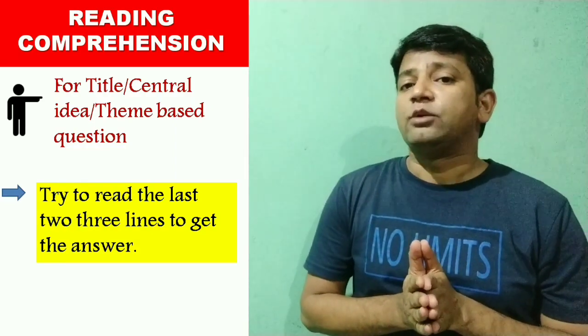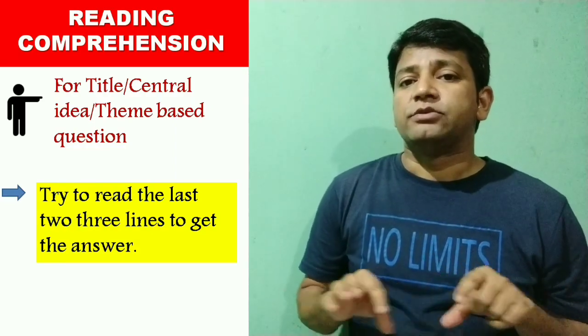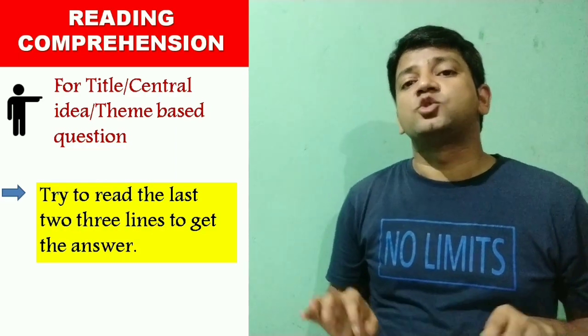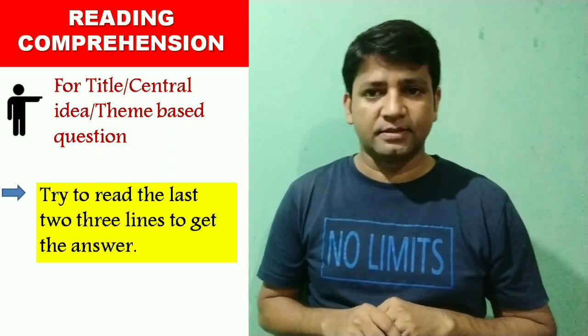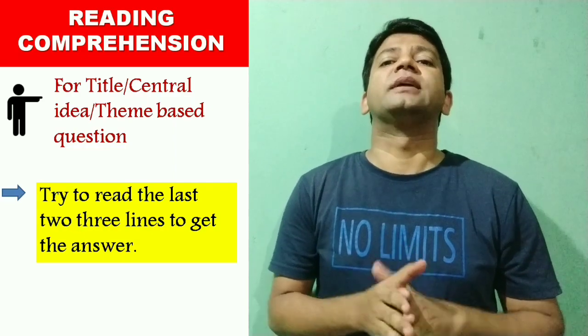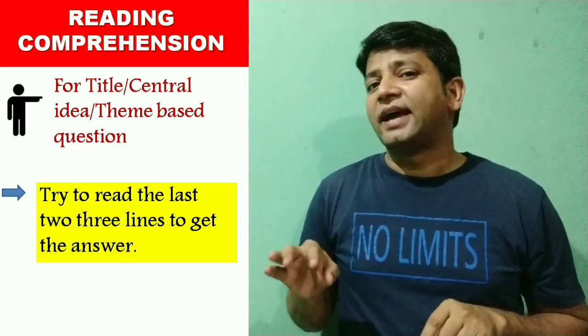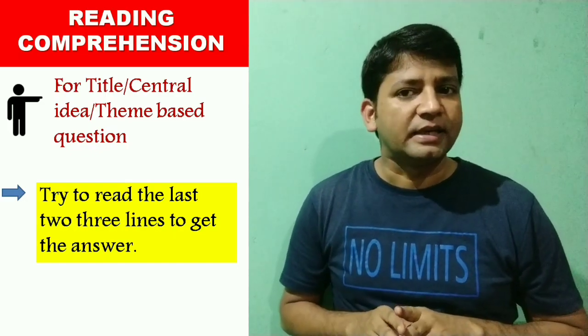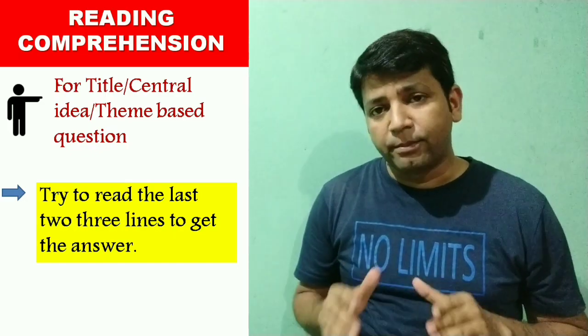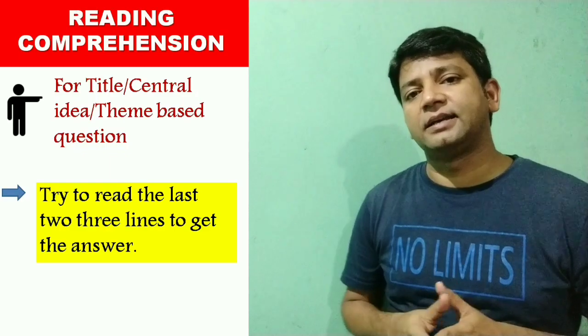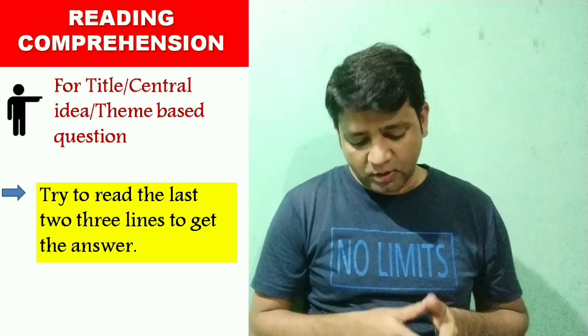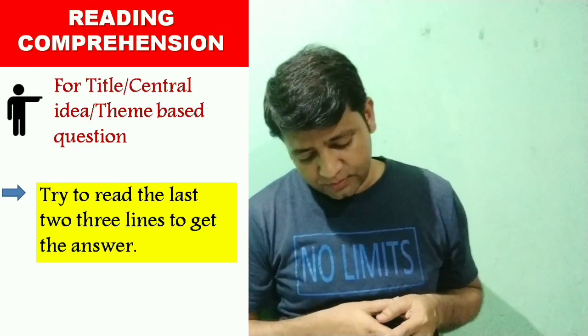You just read the last 2-3 lines of the passage. You don't need to read the whole paragraph. In those 2-3 lines you will get the answer of the questions based on title, central theme, or main theme.